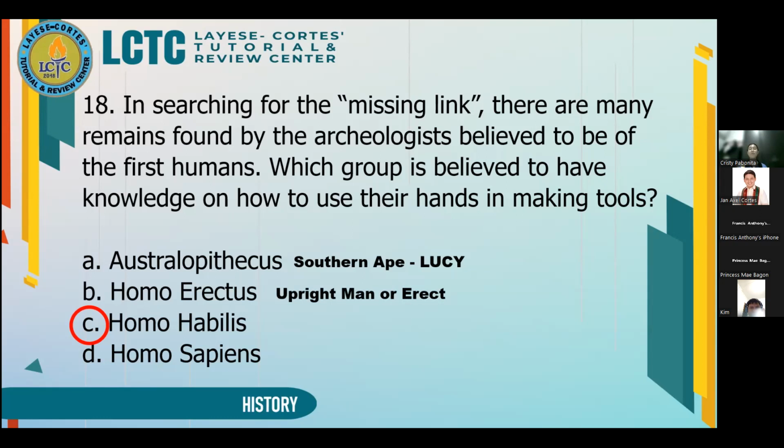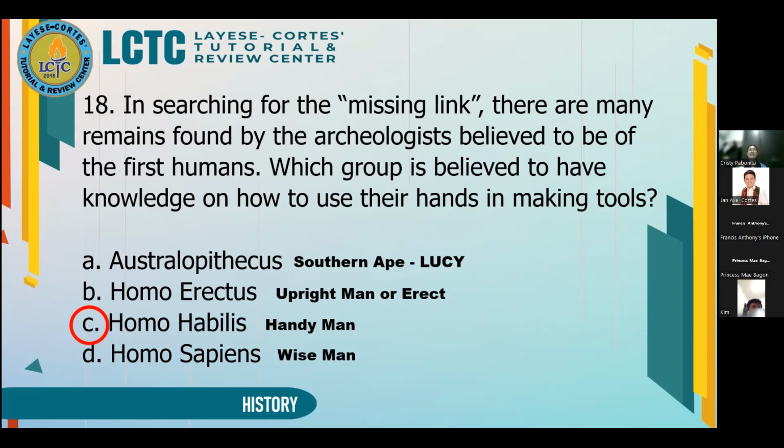Then Homo habilis, hand. The other term for Homo habilis is handyman. So there are human species that have utilized their hands, that have used their hands. Then next is Homo sapiens, or the wise man, named based on the size of the brain when they discovered the skull of this species.